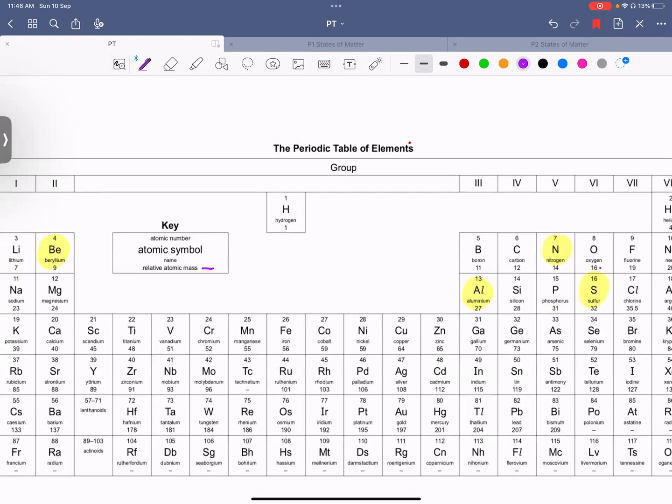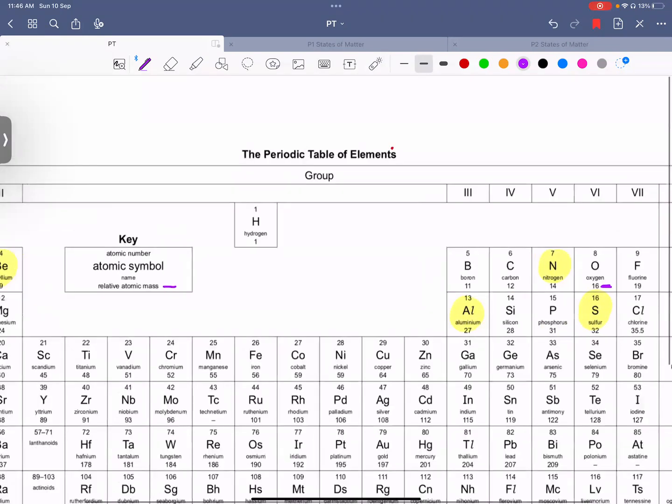Yes, it's 16. Okay. So what is the relative atomic mass of nitrogen now? 14. 14.